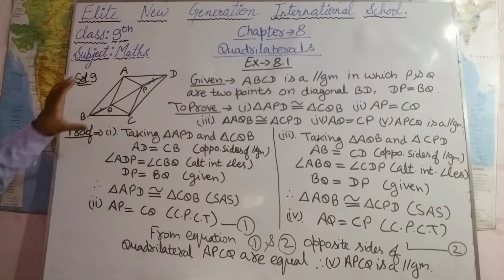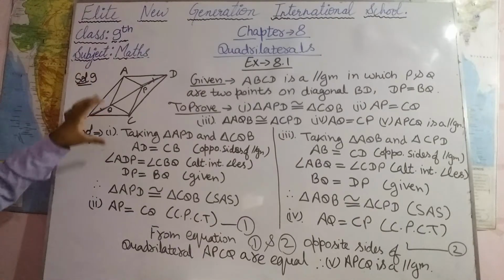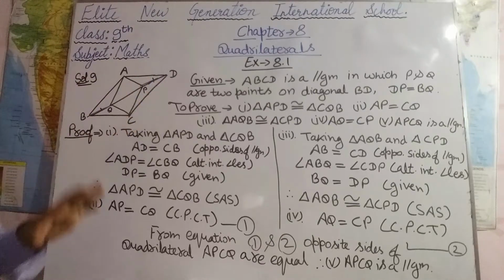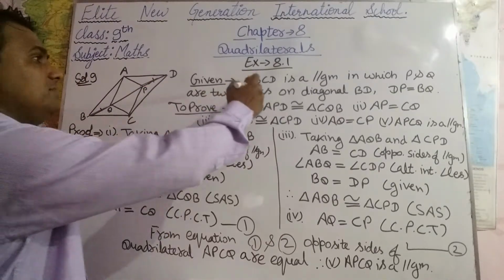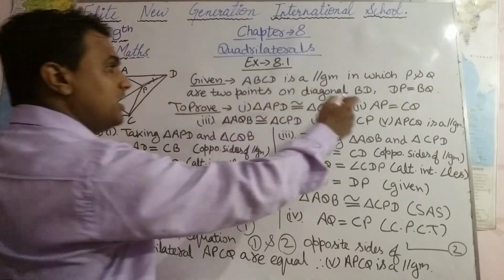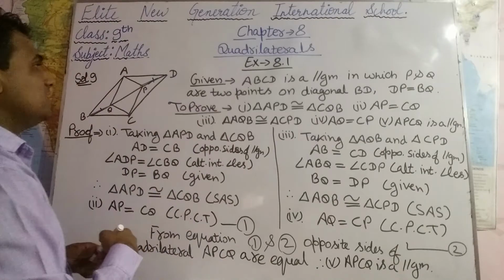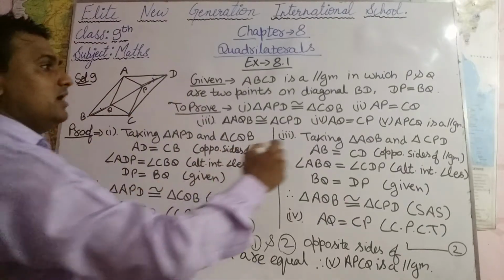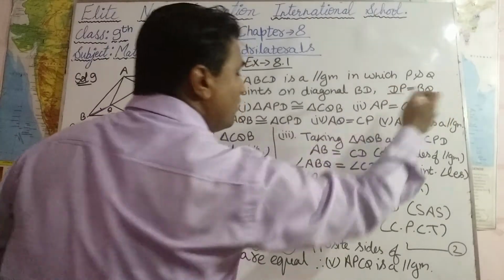So first of all, we have to draw this diagram, that is ABCD. So this diagram is given. ABCD is a parallelogram. So given, we have to write this given, where ABCD is a parallelogram in which P and Q are 2 points on diagonal BD, and also DP equal to BQ.